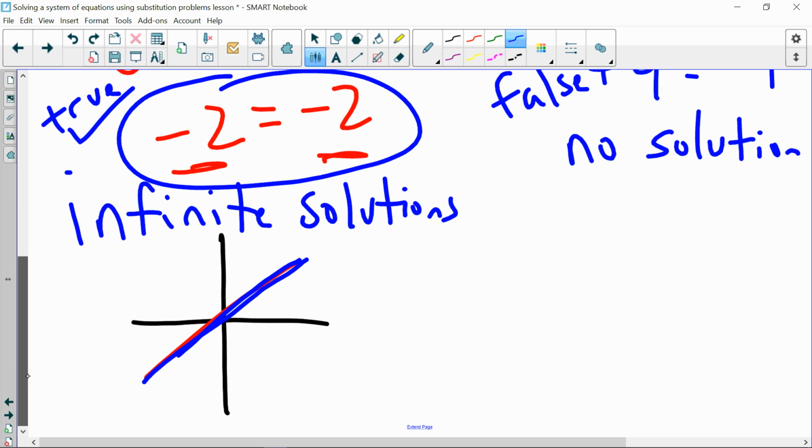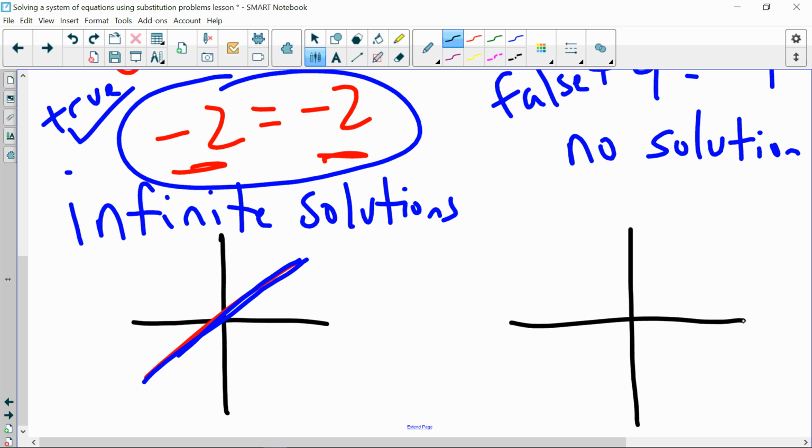On a graph, what it would look like, you have your x and your y plane, x, y over here, and you would graph the line. And again, this is not the same exact equations as up there, but we'll make it a negative line this time. So we have a negative line there.